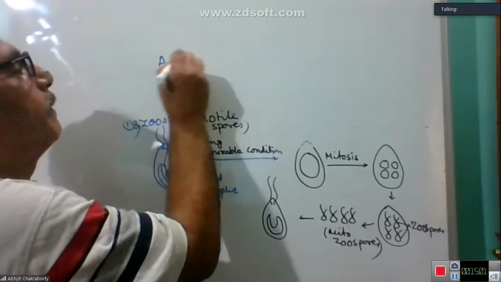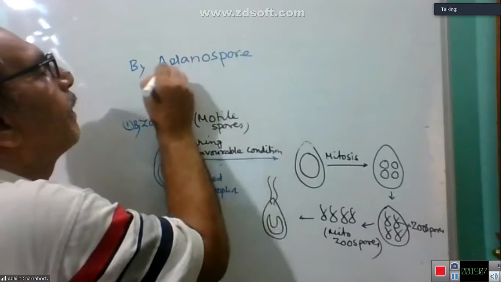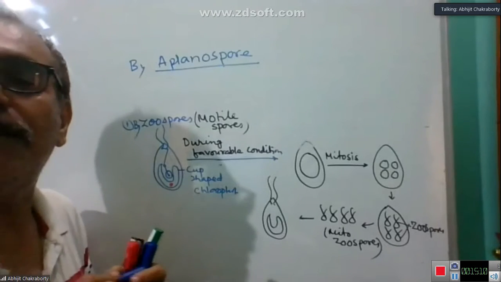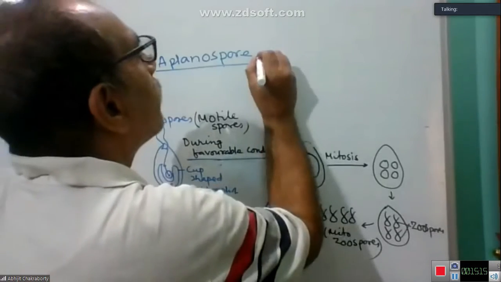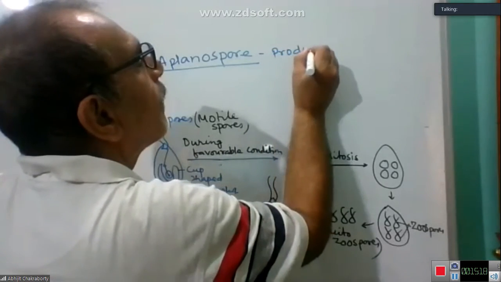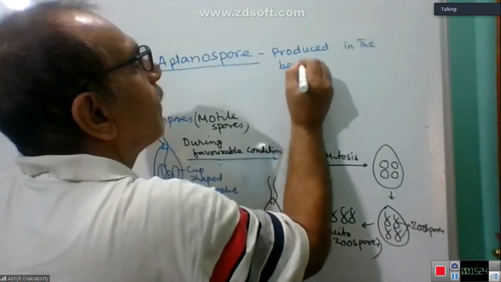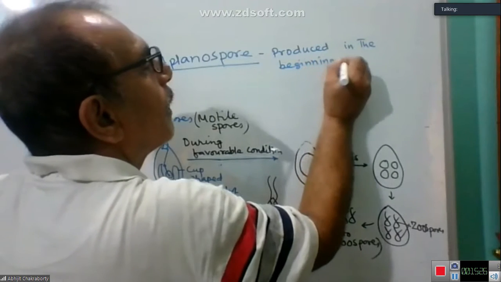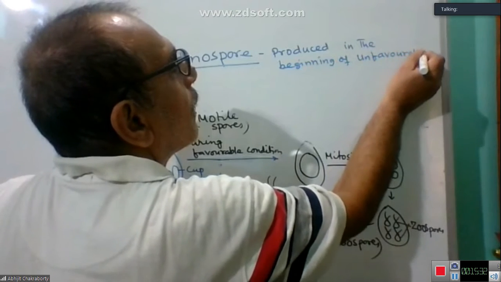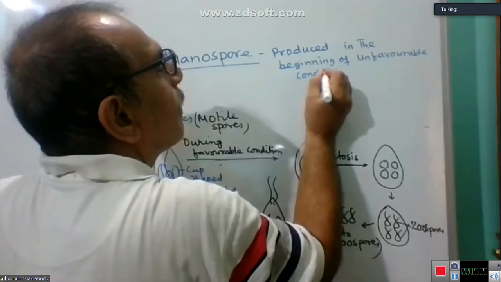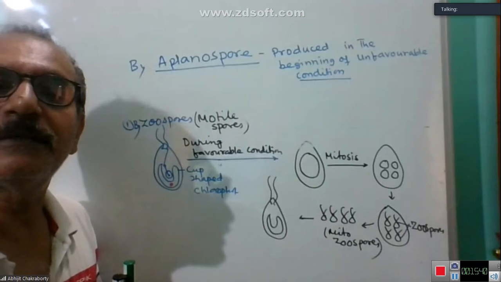Aplanospore. What are aplanospores? They are produced at the beginning of unfavorable condition.